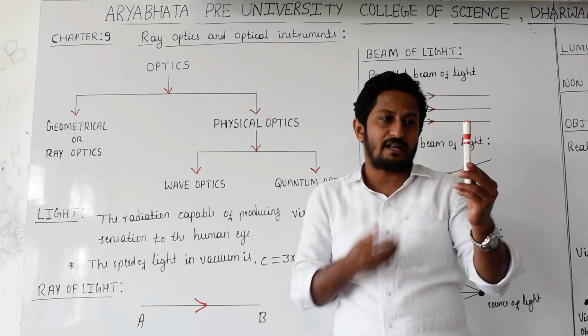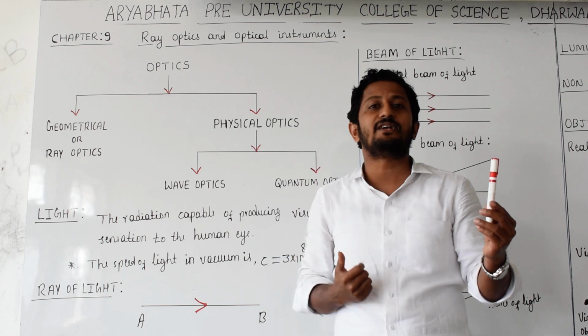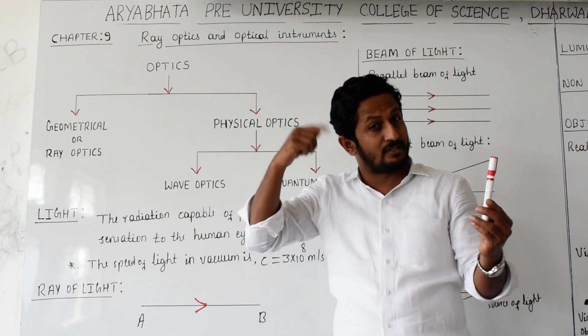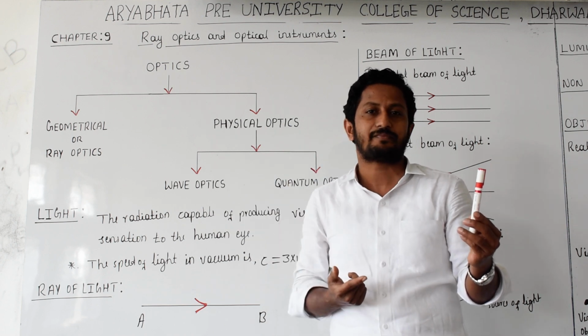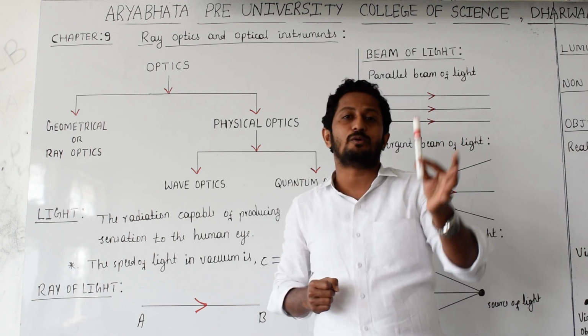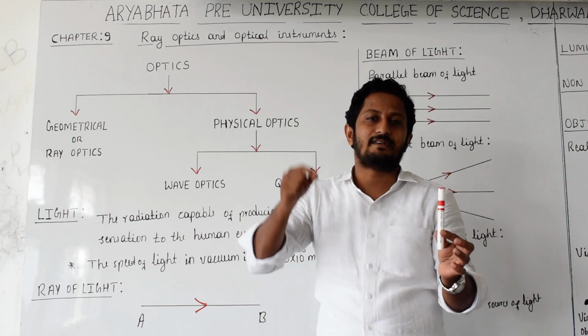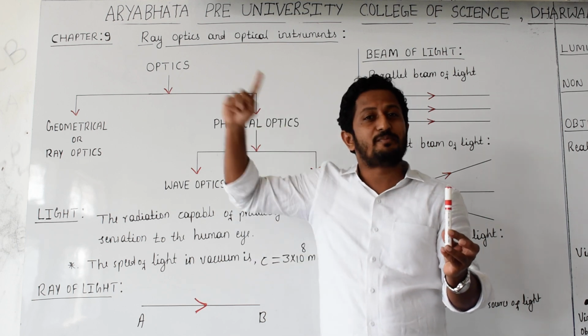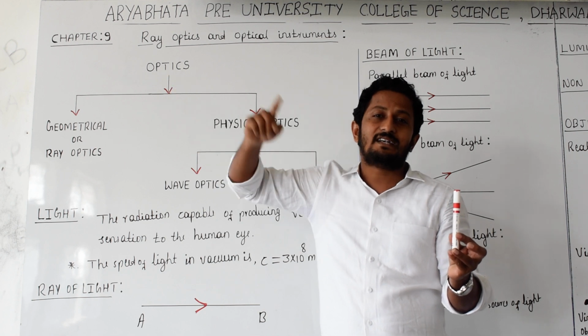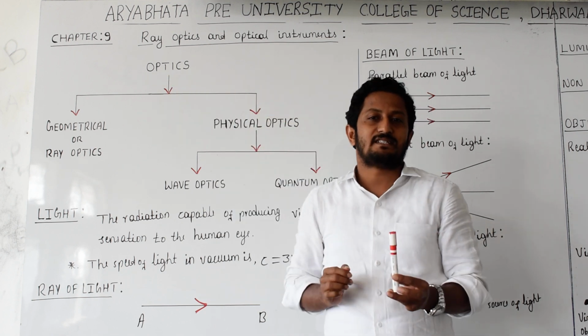When those re-emitted light radiations enter our eye and converge on the retina, only then can we see the object. This happens at daytime due to the presence of the light energy emitted by the sun.